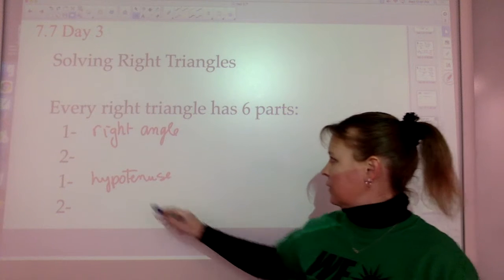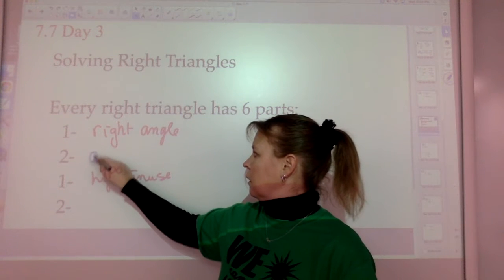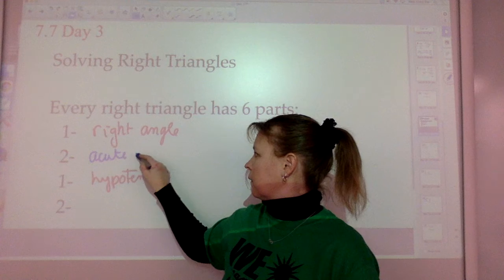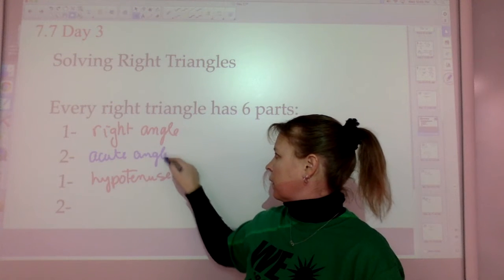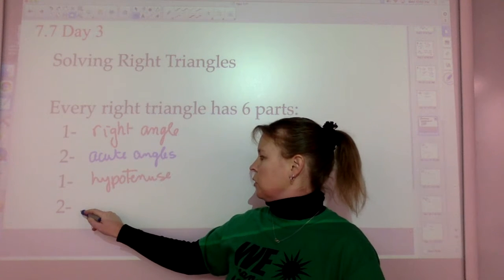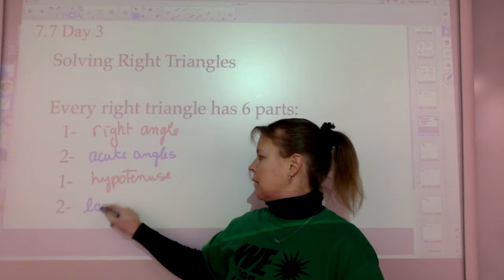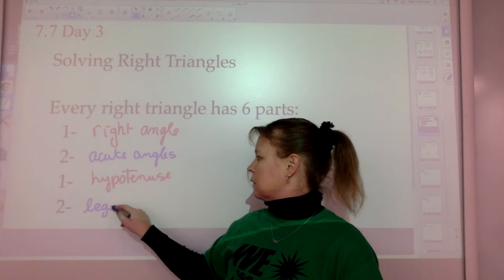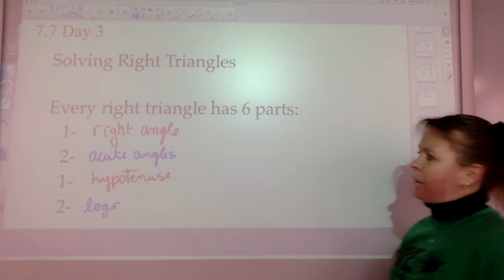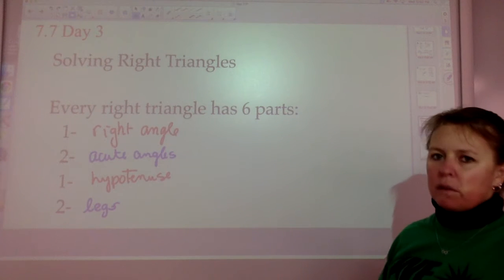But it also has 2 acute angles. And it has 2 legs or sides. So basically it has 3 angles and 3 sides.